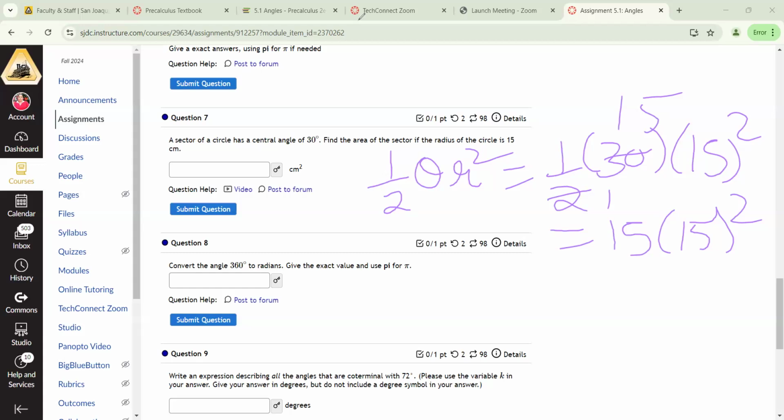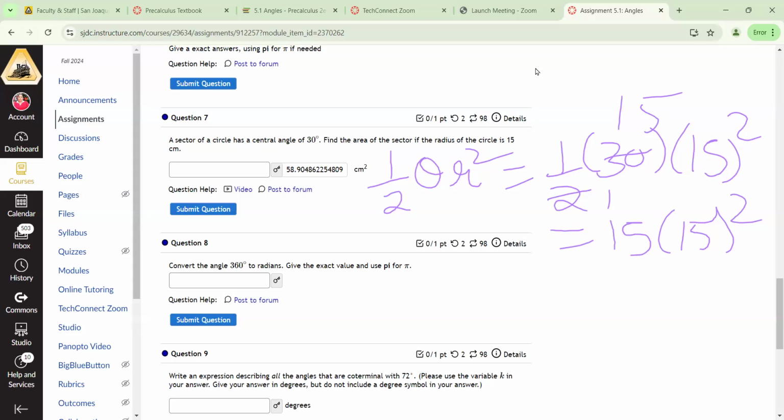Area is 1/2 theta r squared, which we used. 30 degrees is the angle. And radius is 15, and they're showing the answer as 58.9. My answer is coming up as 15 times 15 times 15, 3375. So let's double check on this one. Maybe something that I didn't put right in there.